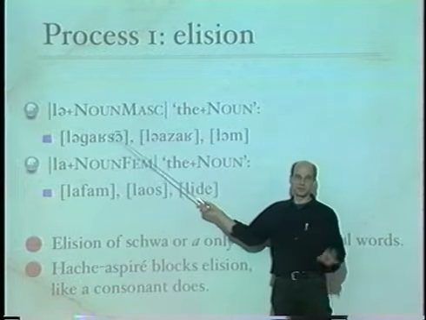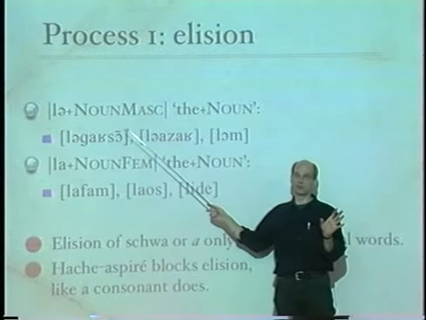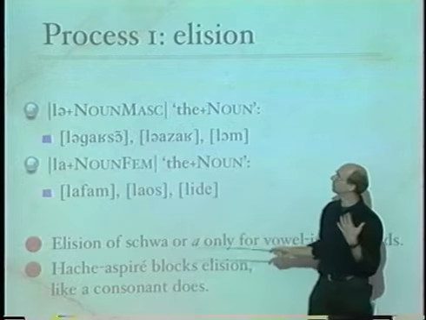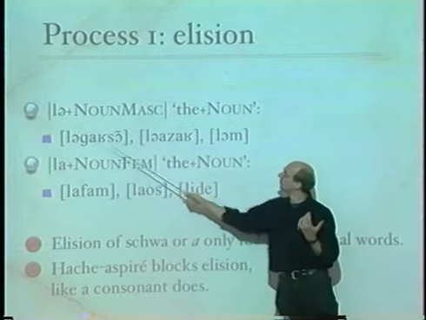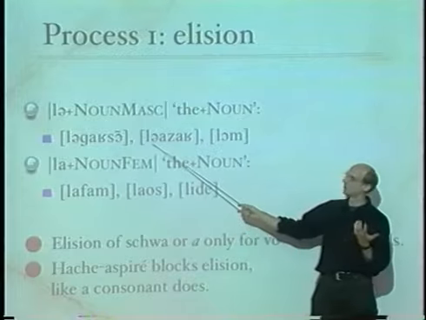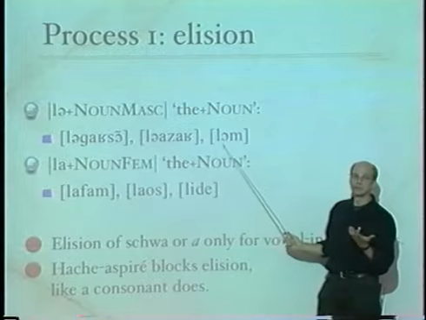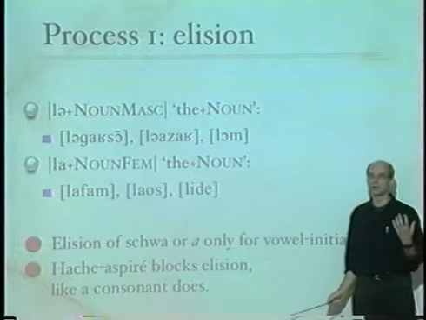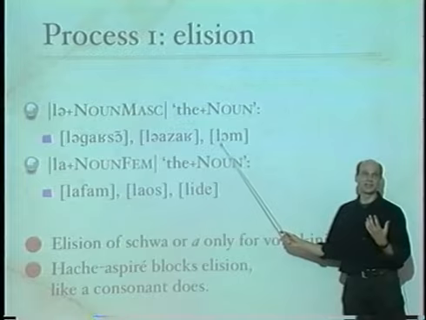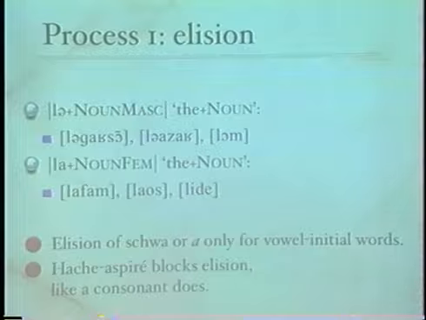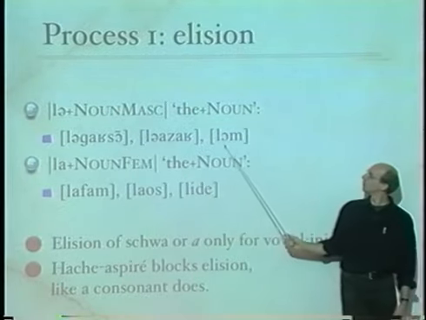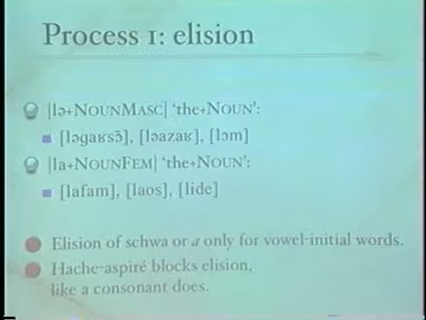It works like this on the 6 examples that I showed you, right? Only those 6 examples will occur during this talk. So garçon, le garçon. Hasard, you say le hasard. Homme, you don't say le homme, you say l'homme. That's the elision case, right? So the schwa, the underlying schwa here, is elided only if the word starts with a vowel.